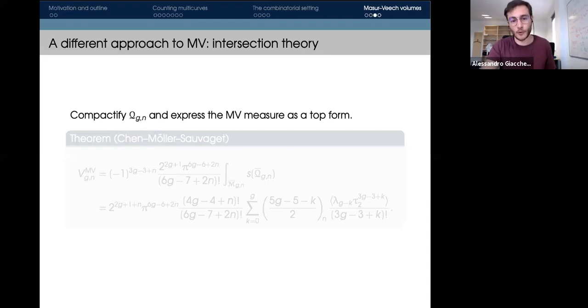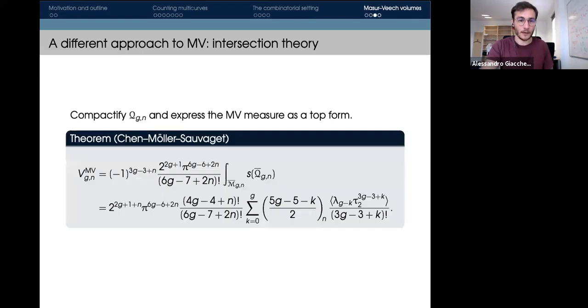And so using algebraic geometry, Chen, Müller, and Sauvaget were able to prove that these Masur-Veech volumes of the principal stratum of the moduli space of quadratic differentials can be expressed as the intersection of a certain homology class, which is the Segre class of this compactified moduli space of quadratic differentials, up to a certain combinatorial factor.